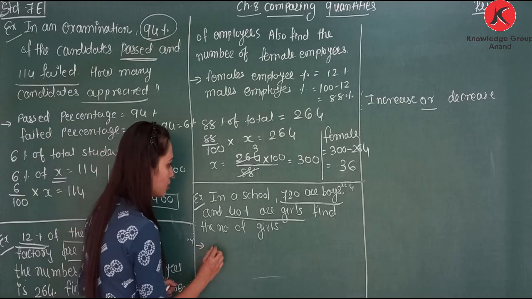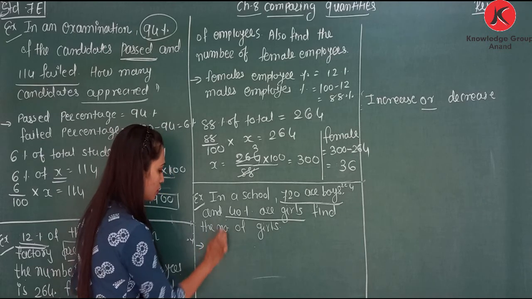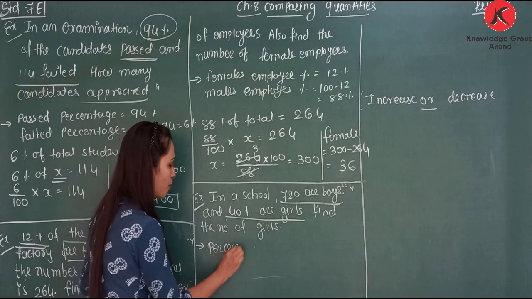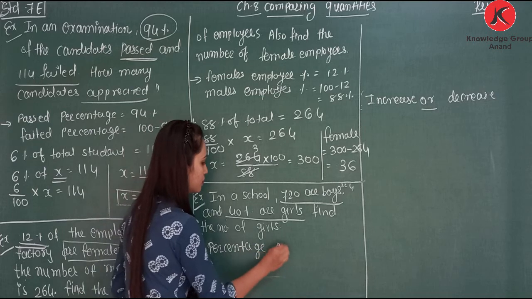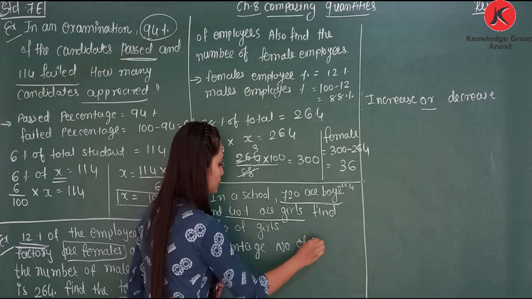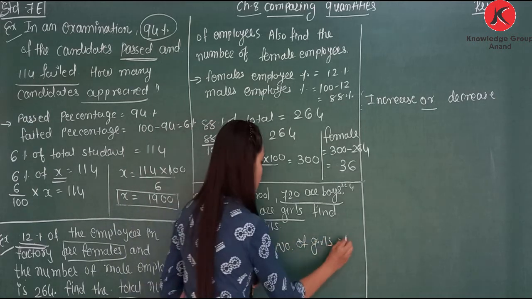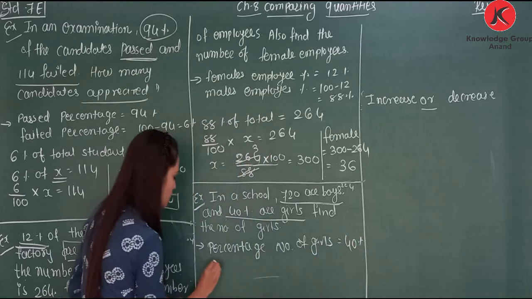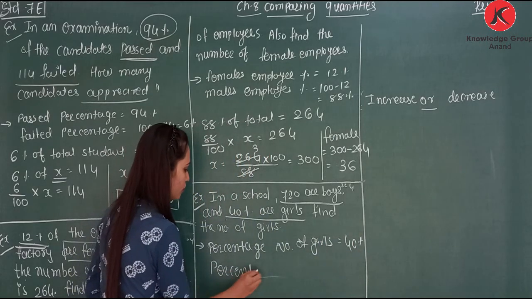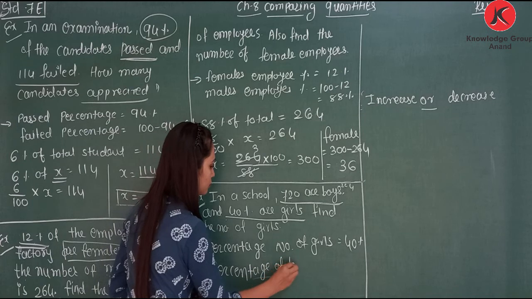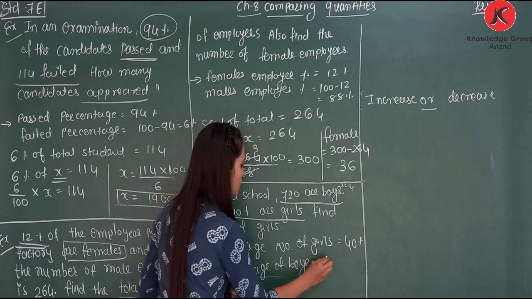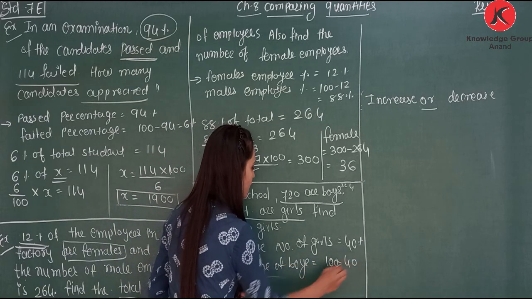So we can write the percentage of girls is 40%. So the percentage of boys is 100 minus 40, that is 60%.